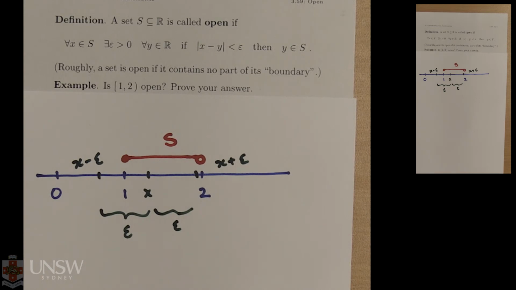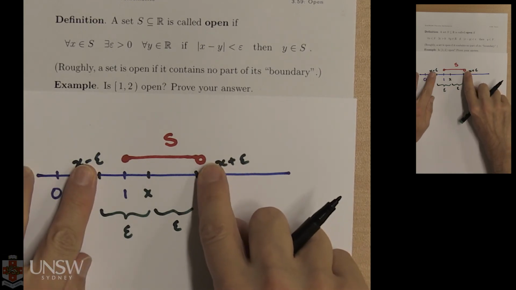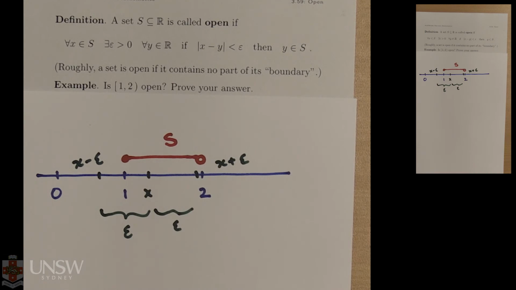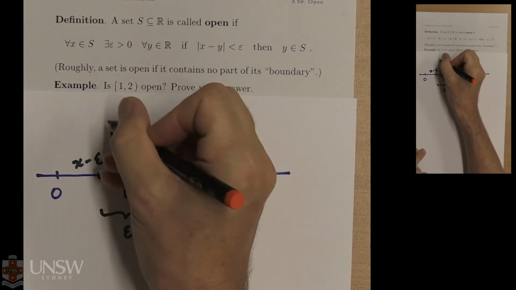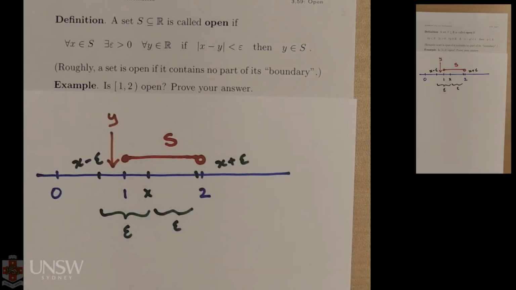So I've got my x, I've got my epsilon, and I'm saying that for all y's in between here and here, all y values are in the set S. In other words, all y values there are within the red set. Is that true? I hope it's clear that it's not. Because I could take a y here, that's within the bounds I set, yet it's not within the red set.